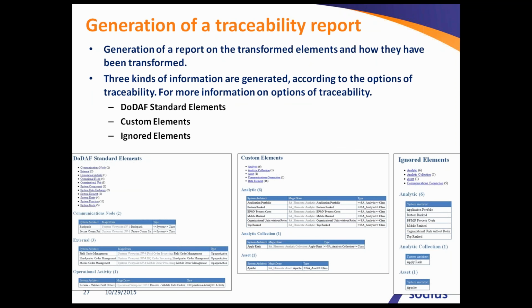And we have the custom elements. So for example, I have here an element called bottom ranked, which is SA analytic. And it has been stereotyped SA analytic, for example. And we have the ignored elements. So for example, I have an asset which is called Apache, which is ignored by the transformation.